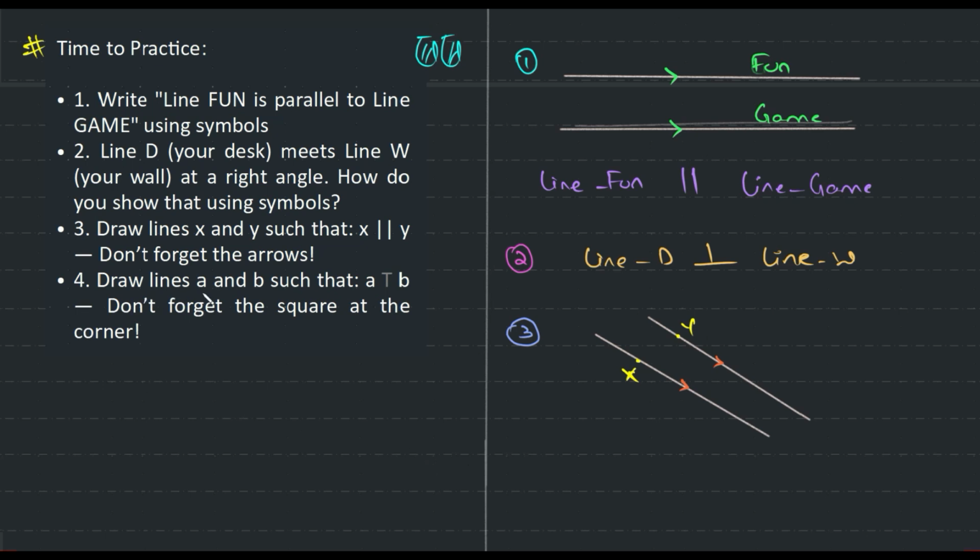Then draw lines A and B such that A is perpendicular to B. Do not forget the square at the corner. Okay, thank you for the reminder. So we have, say, this is A, this is perpendicular to B, and the square.